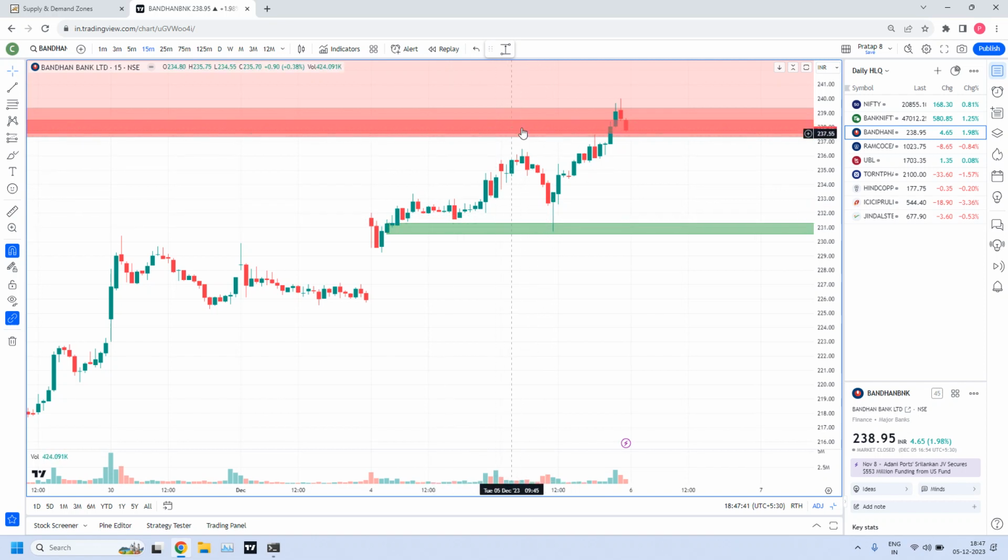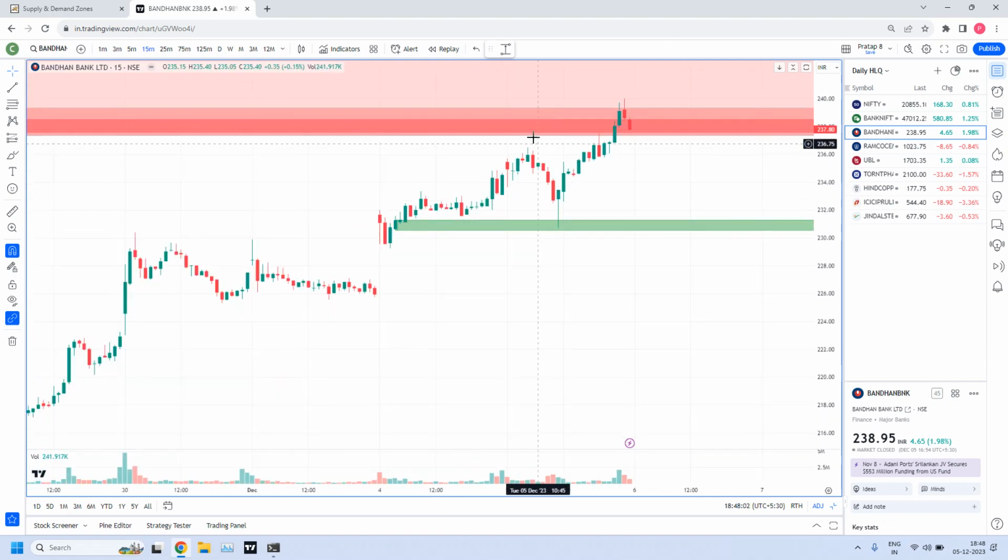In case during the morning hour this 5 minutes zone had been triggered, and after that prices came down, this is supposed to be our intraday 15 minutes target. So even though the prices did not enter, prices reached this target.